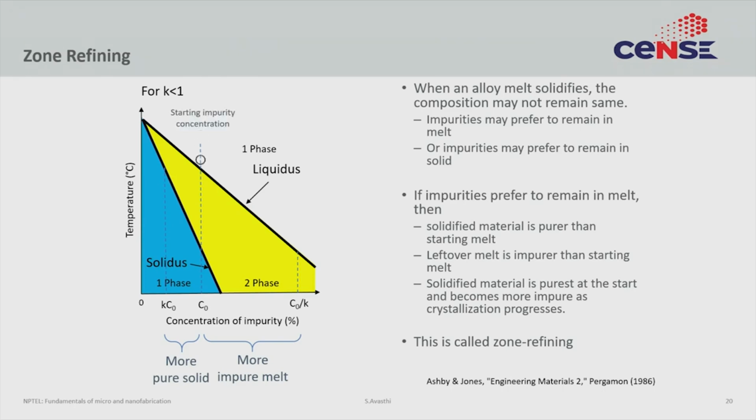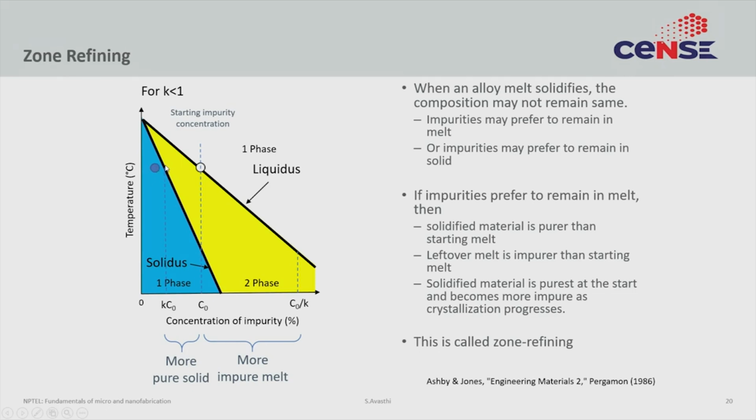So, you come down that line and you reach the liquidus. Now, remember the system does not like to remain in this yellow region. So, then what it does is phase segregation. It forms two materials, one at the liquidus line, one at the solidus line. So, this material is what is solid.